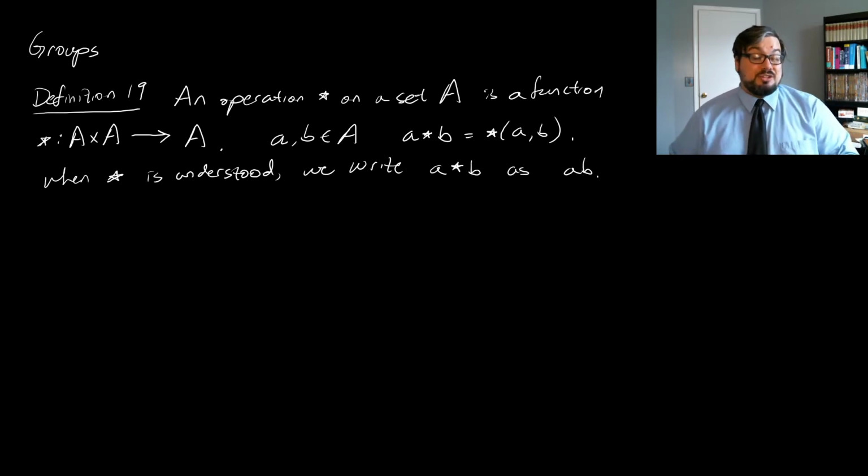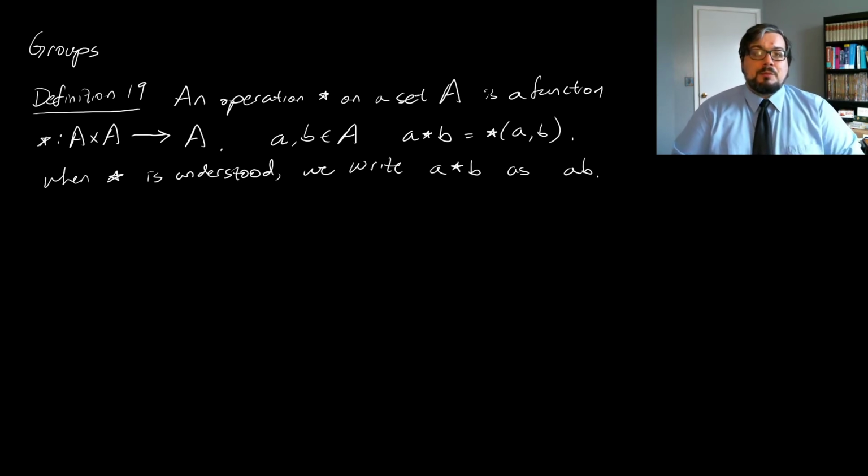We particularly do this when our operation is multiplication or composition. We notice that under this language, composition is an operation, and we already saw in the last lecture that we sometimes suppress the notation of the composition operator, which is just an open circle.